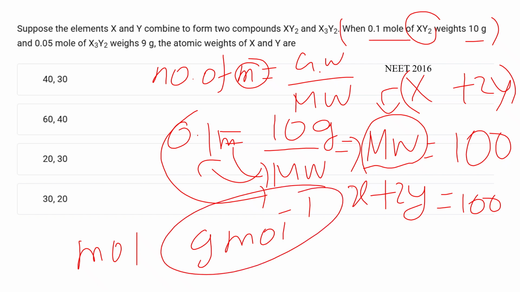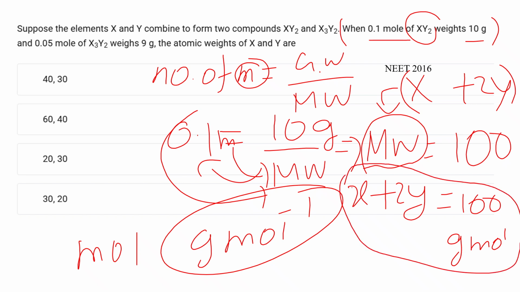Oh sorry, the mole is in the denominator. So this 100 has the unit of gram per mole: x plus 2y equals 100 gram per mole. This is for the case of XY2.